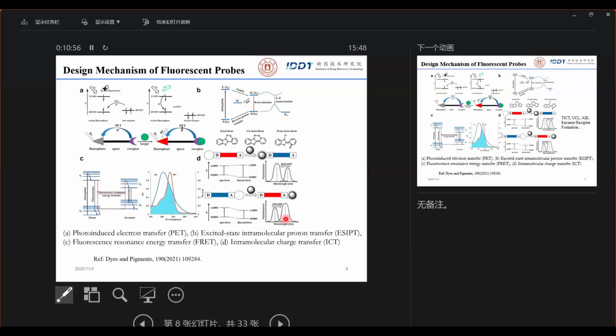These are some of the mechanisms used in designing fluorescent probes. They include photo-induced electron transfer (PET), ESIPT, FRET, and ICT. This is the strategy to design the fluorescent probe.